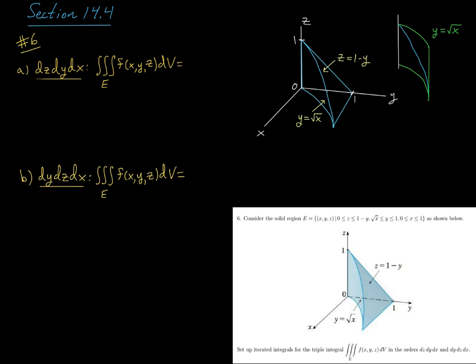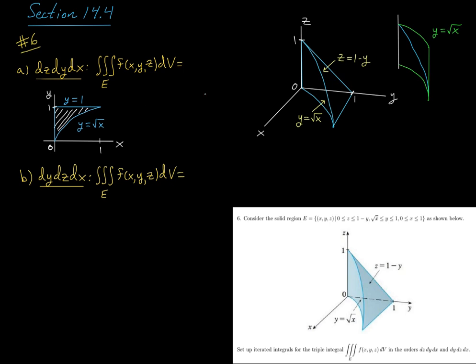So if I project my solid down into the xy plane, I'm going to get this sort of curved triangular region here. So I have this piece of the square root function here, then I have this horizontal line y equals 1, and then I have this portion back here of the y-axis. So in other words, I'm looking at this region here.